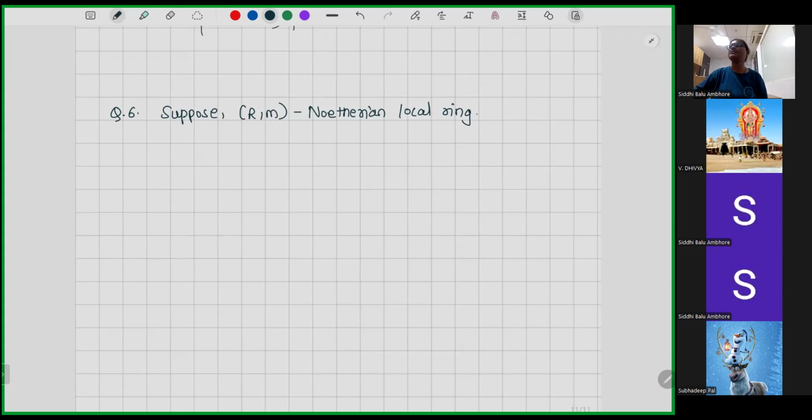When I say terminates, it means that all the ideals after some point become equal. An equivalent condition to say that a ring is Noetherian is that every ideal in that ring is finitely generated. So we have this Noetherian local ring, which is a Noetherian ring with exactly one maximal ideal.